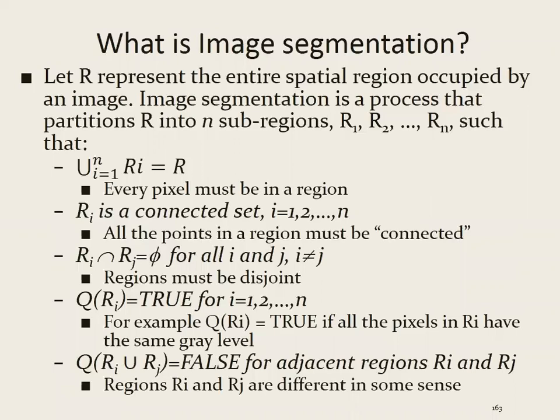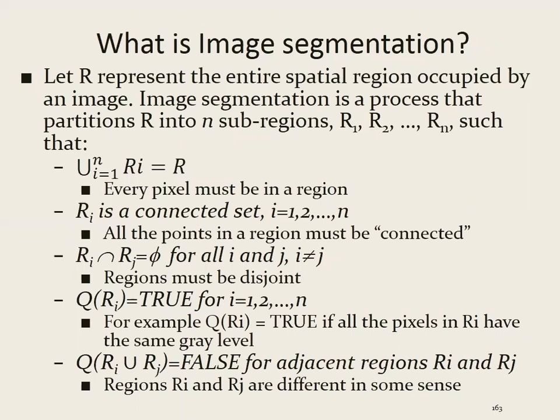They are representing the same image. And take R1, R1 is different from R2. There is no intersection between R1 and R2. In general, a given Ri is connected, so there are no discontinuities. But the combination of all R1 up to Rn will give us the original image R.